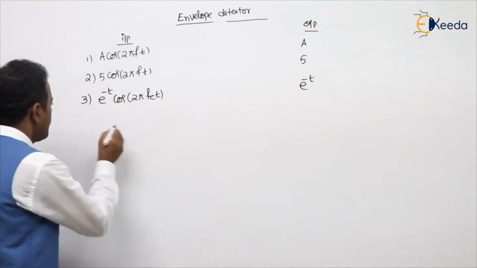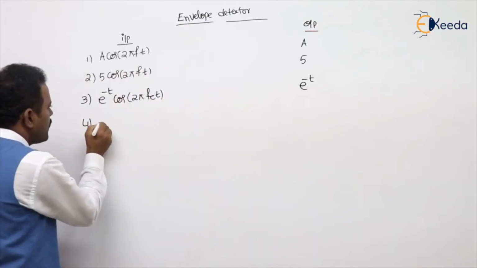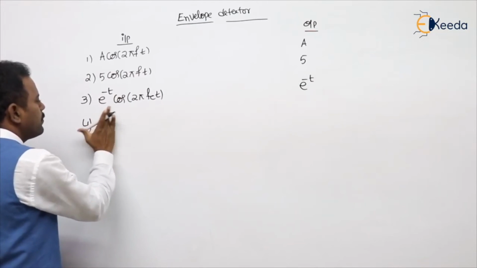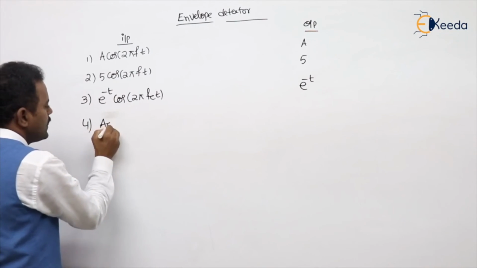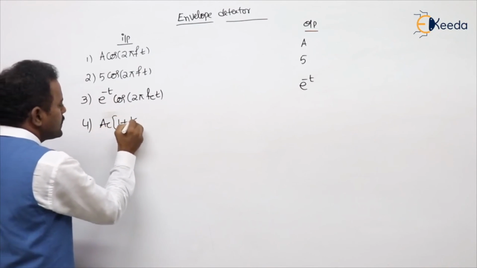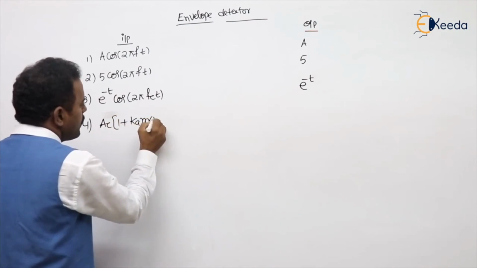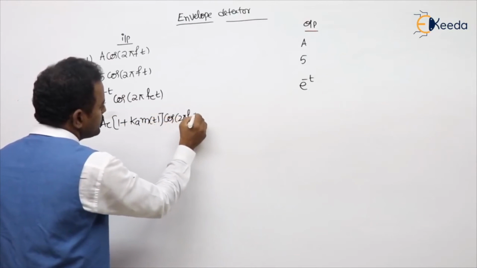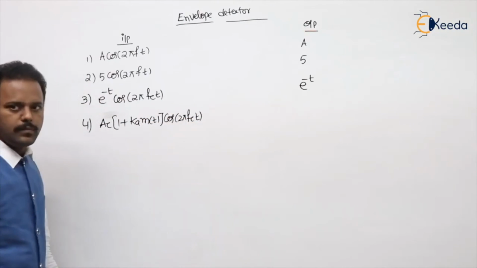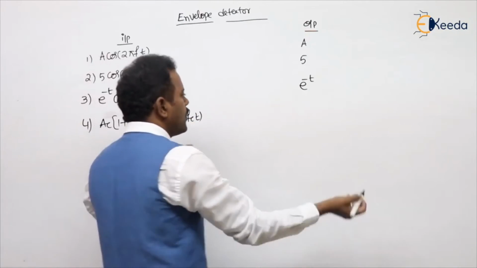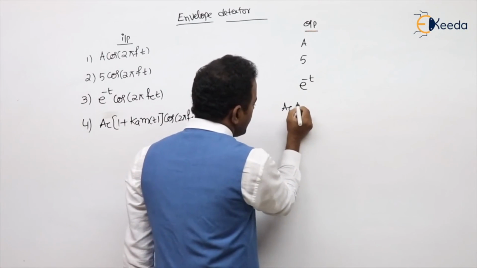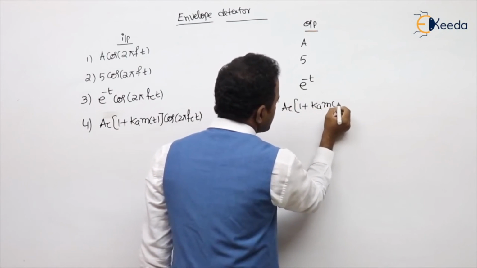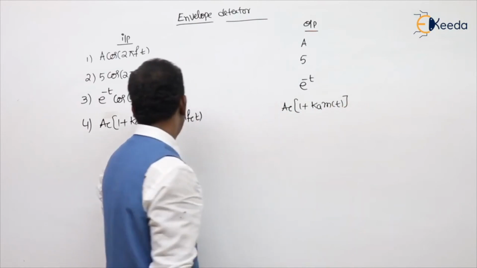For example, take the amplitude modulated signal: Ac into 1 plus Ka into m of t, into cos 2 pi fct. Then what is its envelope? Ac into 1 plus Ka m of t, the term multiplying the cos is the envelope.